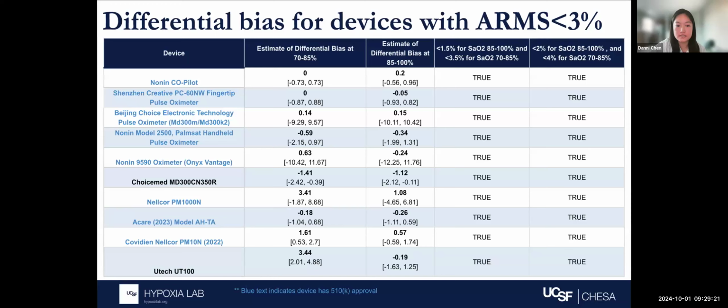All 10 devices passed the currently proposed thresholds on both SaO2 ranges. However, note that some of the devices have a wide confidence interval, for example, the Beijing Choice on the 3rd row and Nonin 9590 oximeter on the 5th row, suggesting that these devices may have high variability in biases across ITA. Next slide, please.